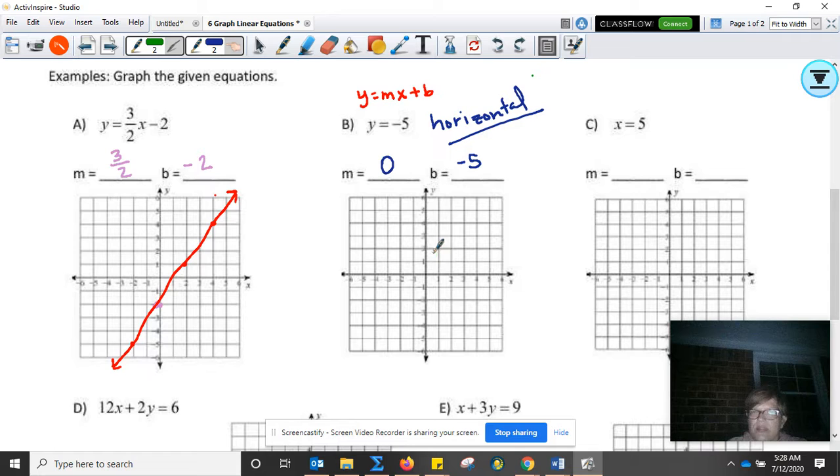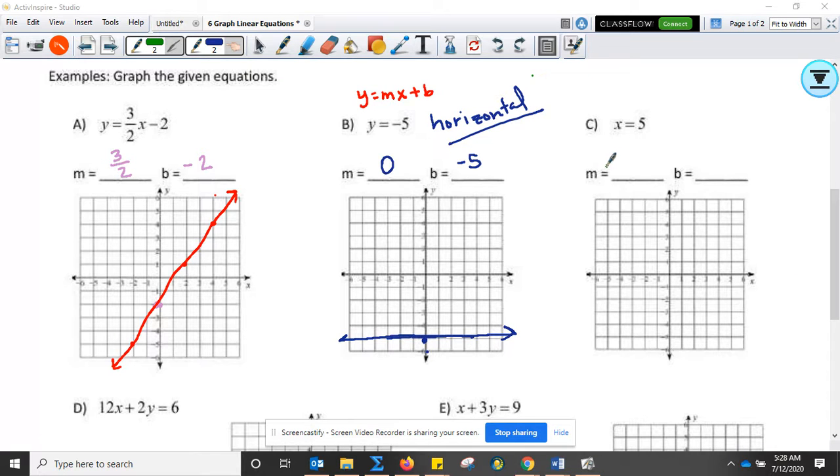And it's going to go through negative 5. So I'm going to go negative 1, 2, 3, 4, negative 5. And I'm going to draw my line. It's a horizontal line going through negative 5.